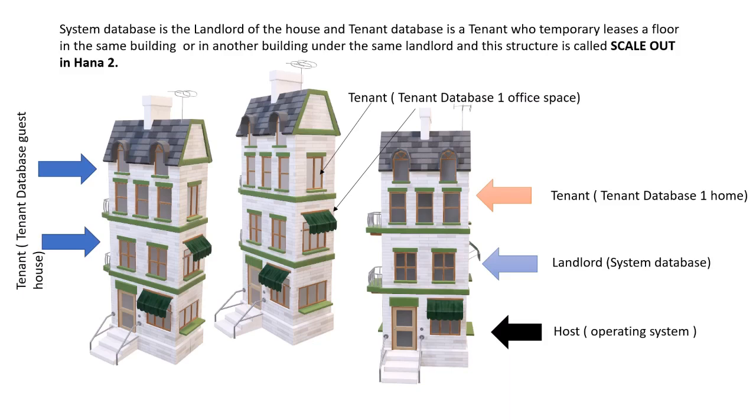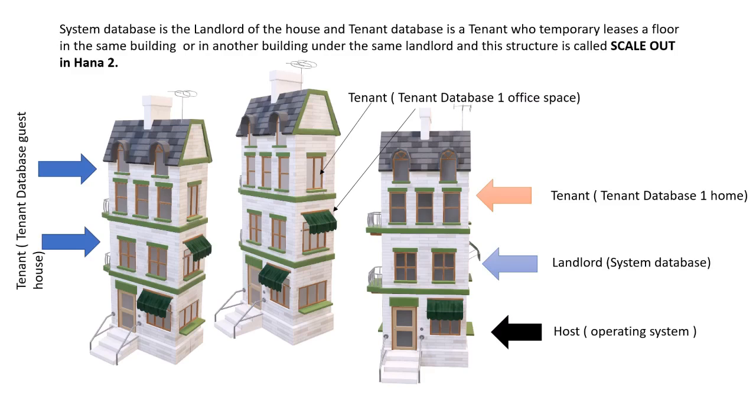Now this was the analogy. Let me explain in technical terms. What happens in the scale up environment? You have a system database and a tenant database on the same host. Now we have to expand to multiple tenants. There is a requirement that we have to add tenants one after the other, instead of adding one schema after the other for some functional operations in the application. Then we expand it.